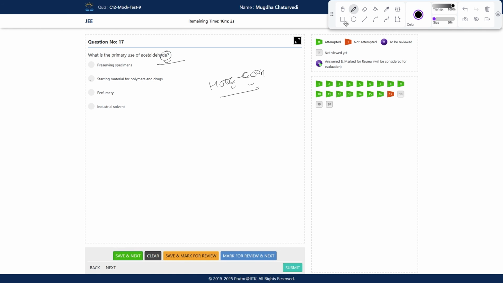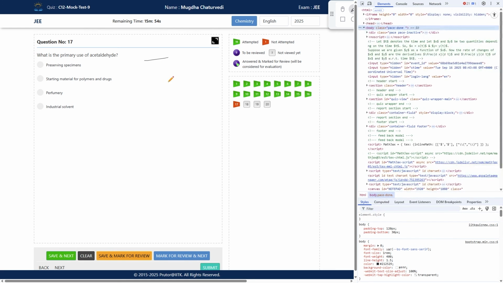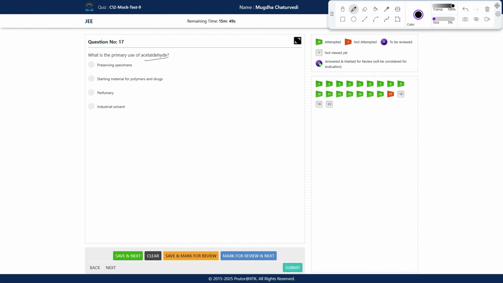Now let us move to the next question. It is asking what is the primary use of acetaldehyde. The primary use is as a starting material for polymers and drugs. Acetaldehyde is primarily used in the manufacturing of acetic acid, or I can say in the manufacture of polymers or drugs.